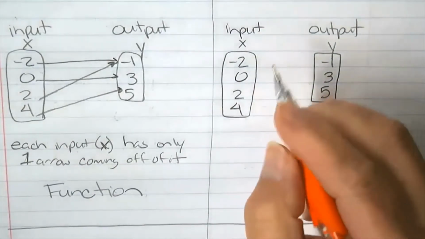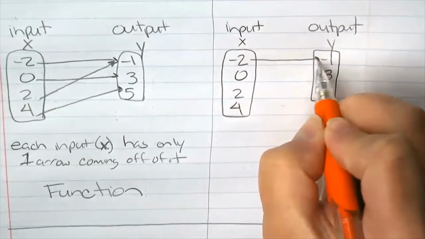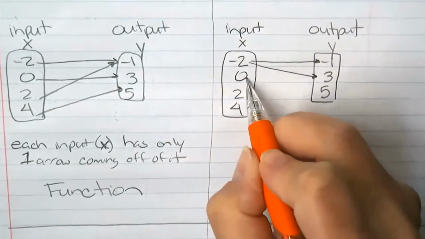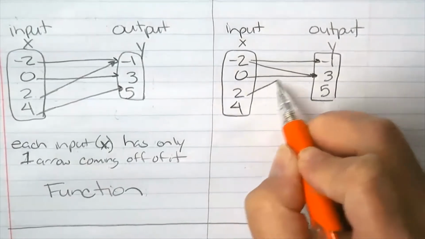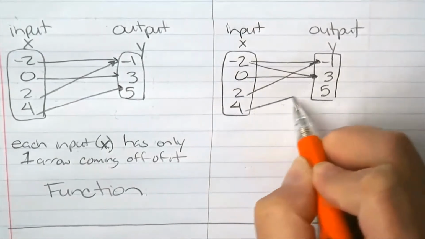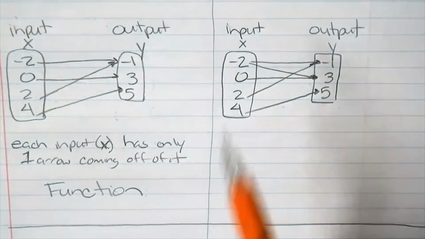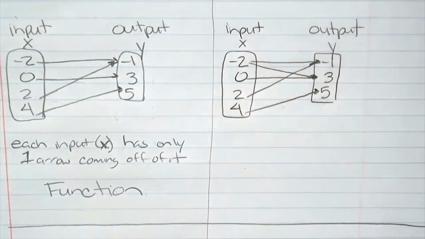We're still going to use our arrows. So the definition of a function says that every input has only one output.